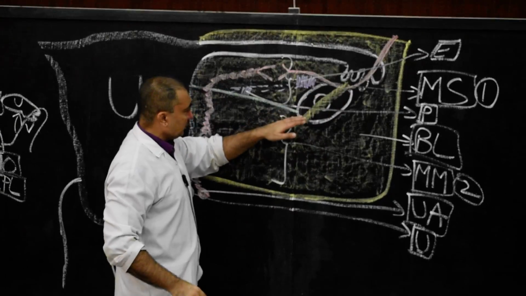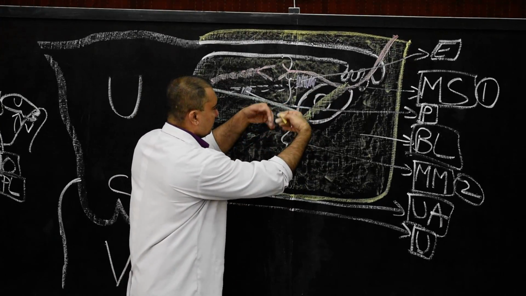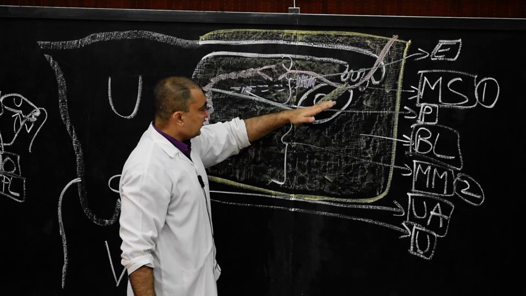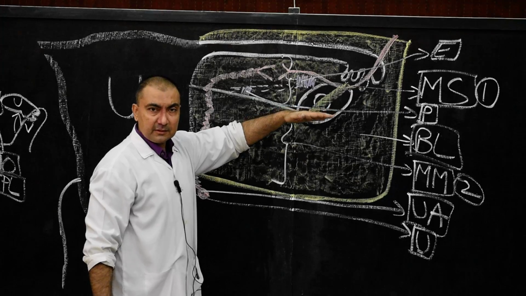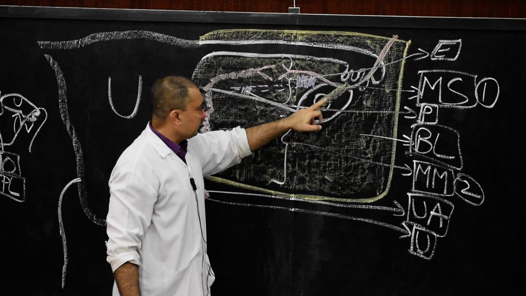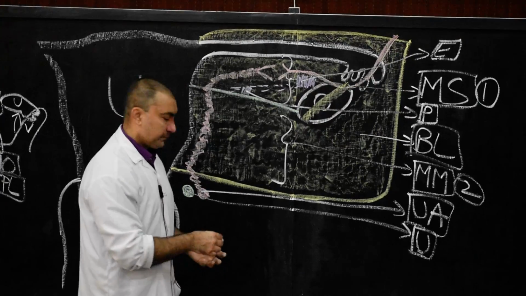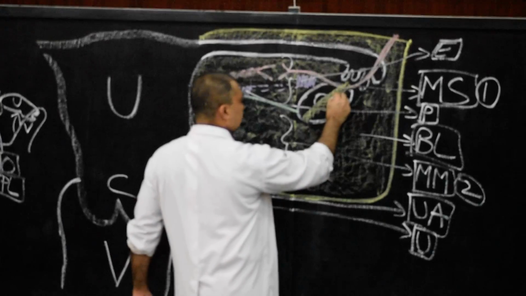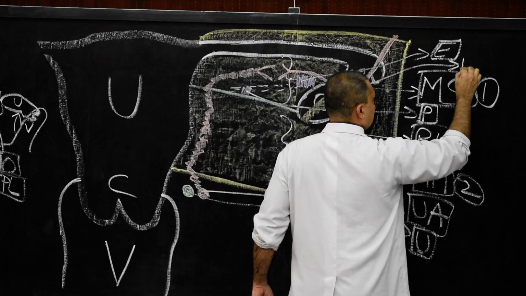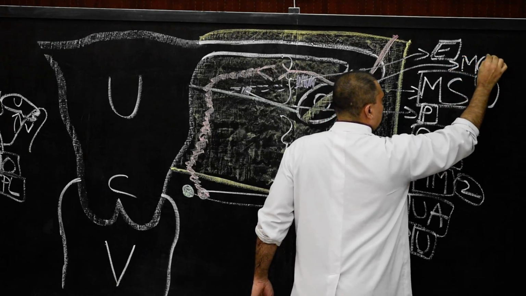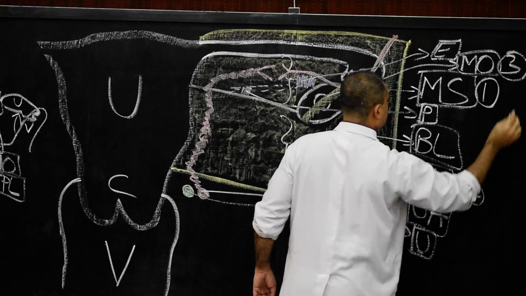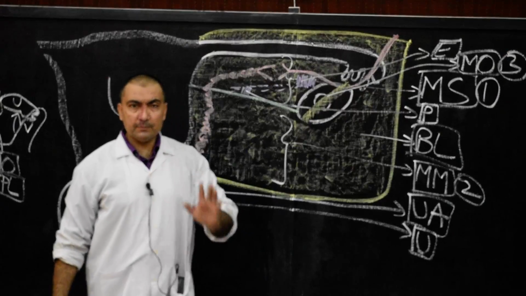Imagine this is the part of the broad ligament present posteriorly. This part connecting the posterior superior surface of the broad ligament with the anterior border of the ovary will be known as the mesovarium. I am going to write this as the third subdivision of the broad ligament.